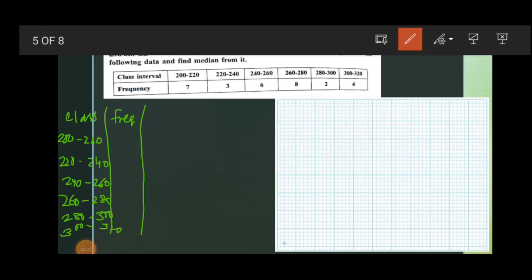Corresponding frequencies are 7, 3, 6, 8, 2, 4.